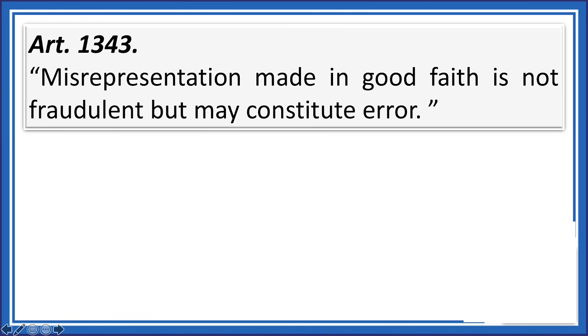In good faith, he really thought the ring was a diamond ring. So, in that case, the misrepresentation is not fraudulent, but there is still a mistake. And so, the contract is voidable on the ground of mistake or error and not on the ground of fraud. That's all. It's as simple as that.